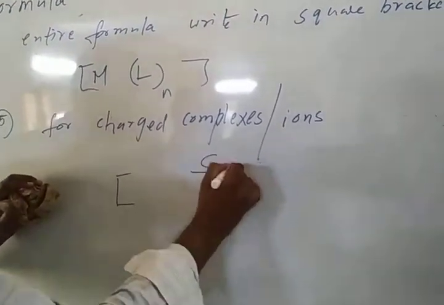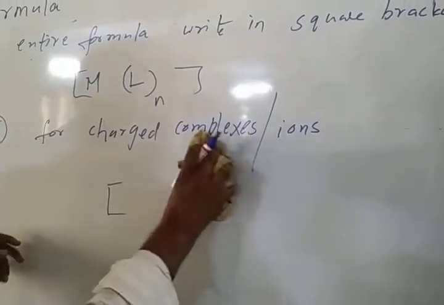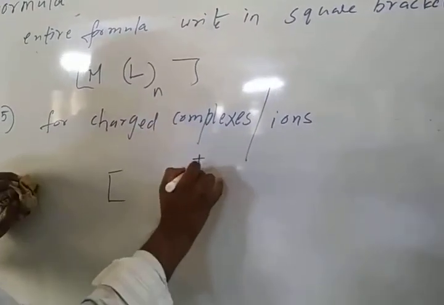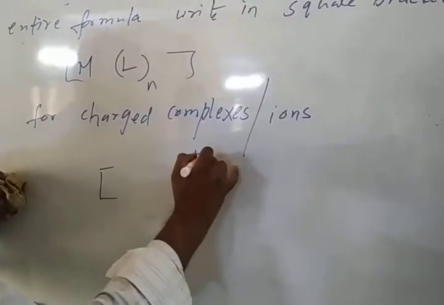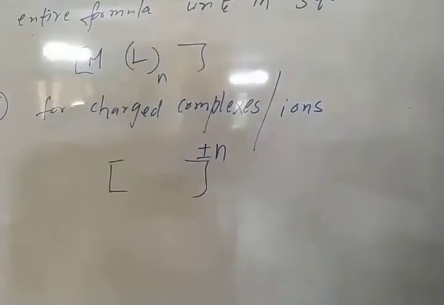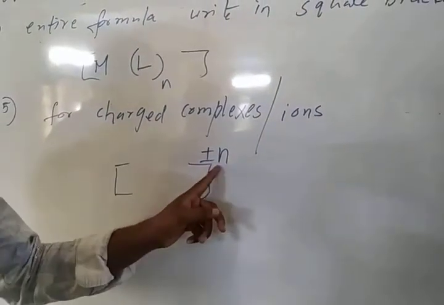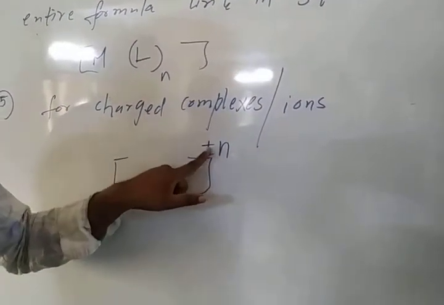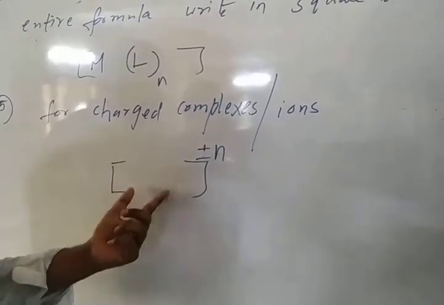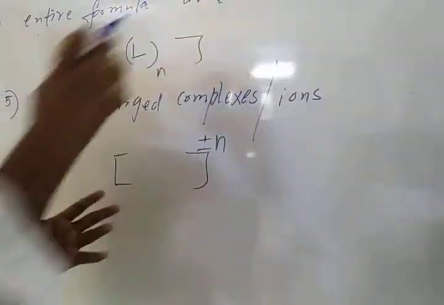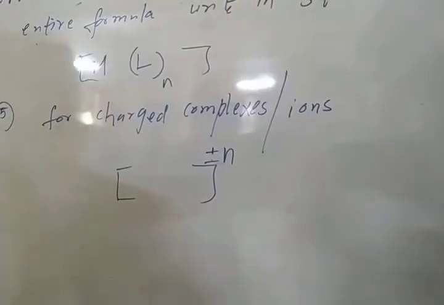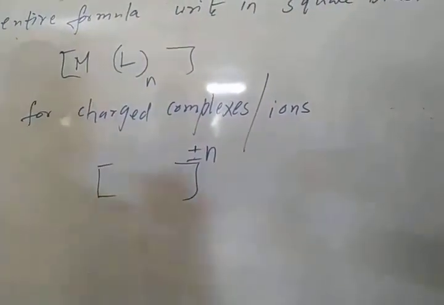The charge, plus or minus n, must be represented on the right side of the complex's square bracket as a superscript. So here, n equals what?